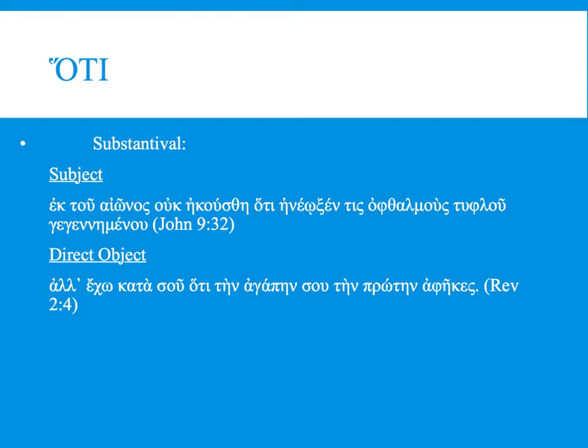If we're translating that and putting place markers in: I have this against you. And then what is that this? That you have forsaken your first love, right?